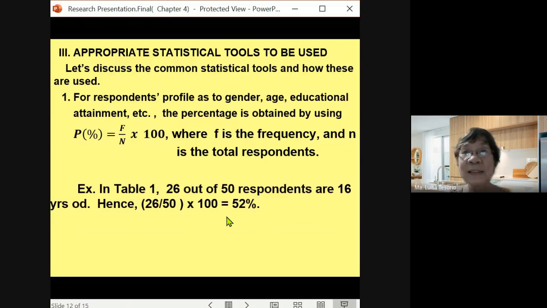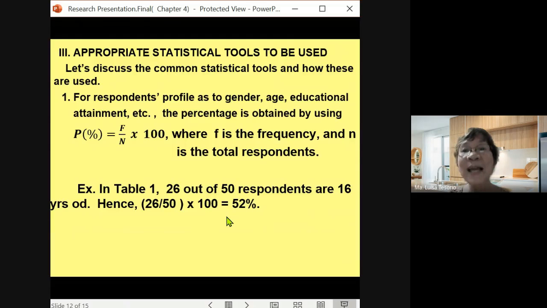respondents. Let's have a very simple example, and let's go back to Table 1. If you remember in Table 1, 26 out of 50 respondents are 16 years old.